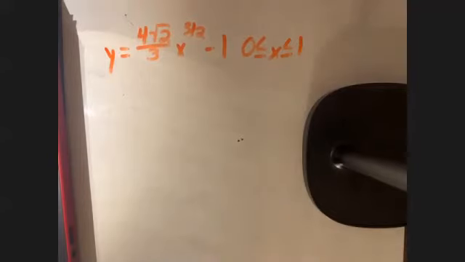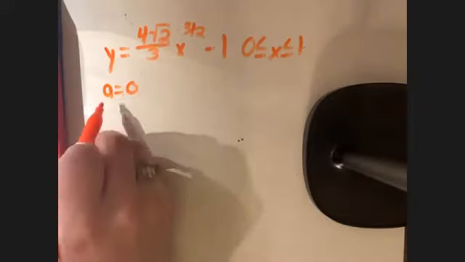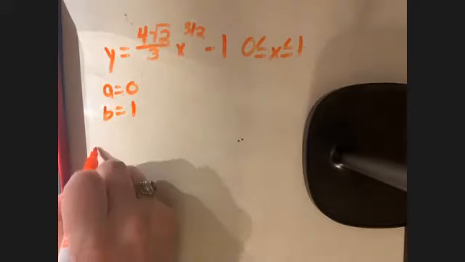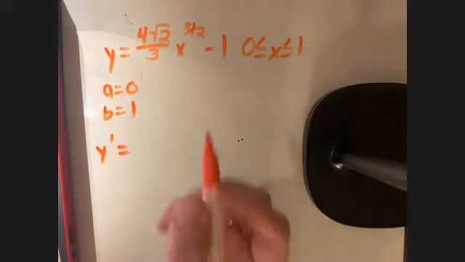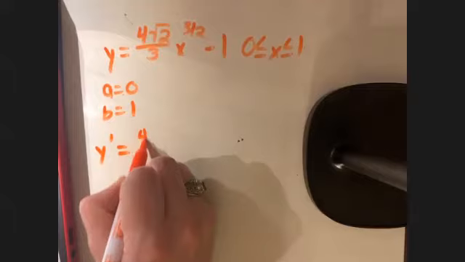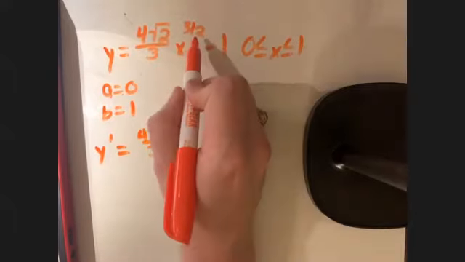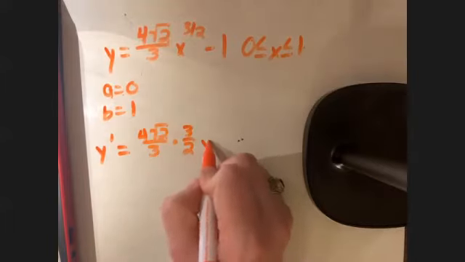I know it looks just lovely, right? Gorgeous. So first thing, getting some stuff: A is 0, B is 1. So now I'm going to find y prime. Here we go. 4 square root of 2 over 3 times the 3 halves is going to come down.